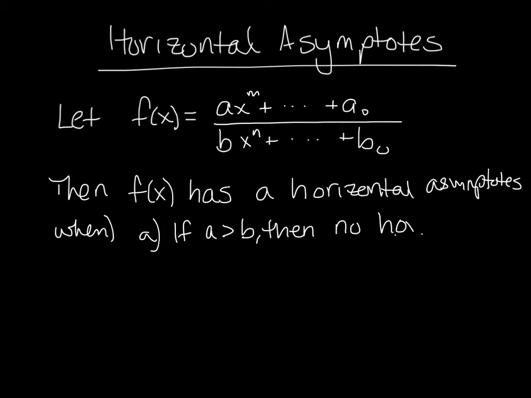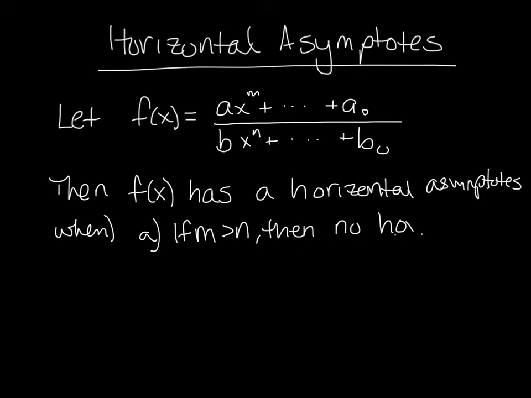Okay, sorry, I lied. I am so sorry. Not A and B, if M is bigger than N. So M is bigger than N, if the top one is bigger than the bottom one, then there's no horizontal asymptote.